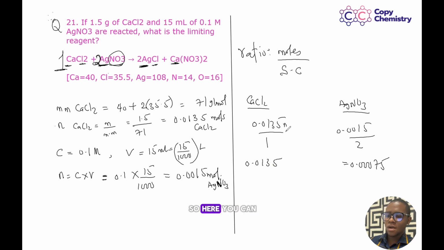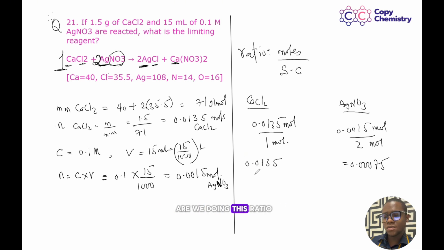Here you can put your units, mole, right? 2 moles from the stoichiometric equation. So you realize that this ratio would not have any units, because it's relative to the stoichiometric coefficient. I hope all this is making sense. So we won't put any unit there.